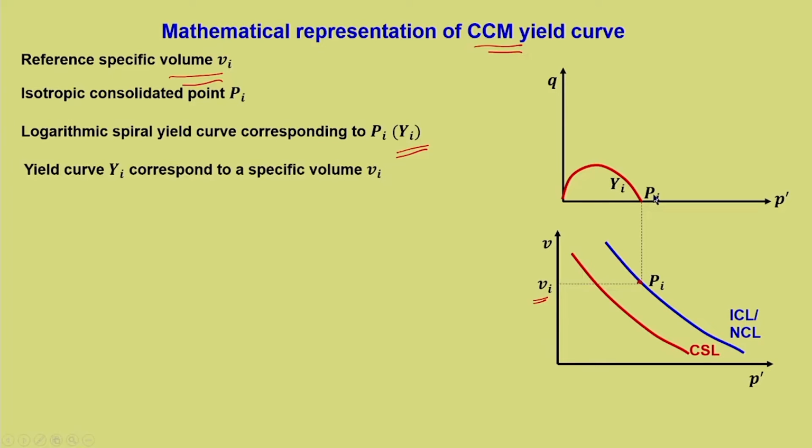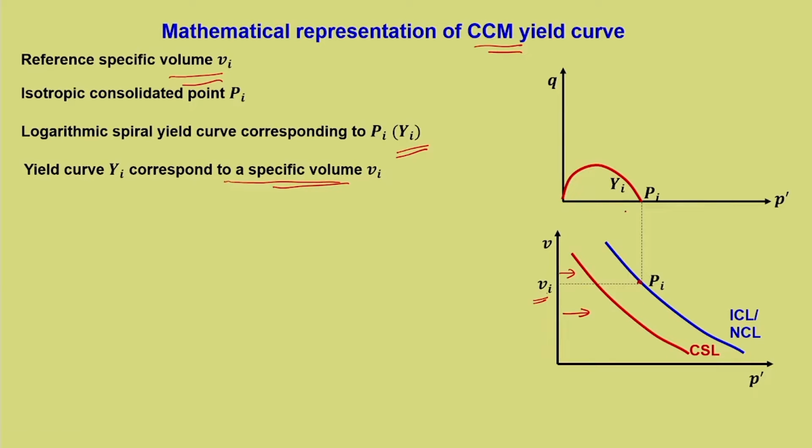Now, yield curve Yi corresponds to a specific volume Vi. We need to understand that this particular yield curve is specific to this particular specific volume Vi. Now, as the specific volume changes, Pi is going to change. So, let us say if it is above or below, Pi will also change. Now, when Pi changes, the yield curve also changes.